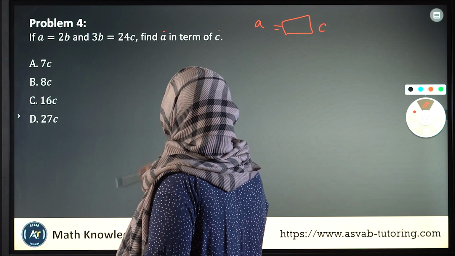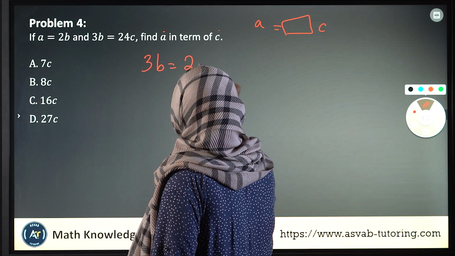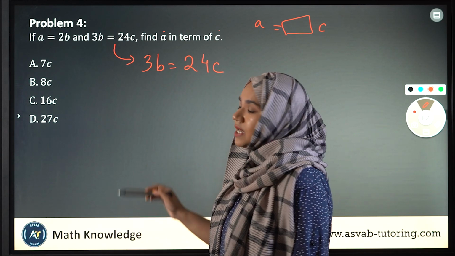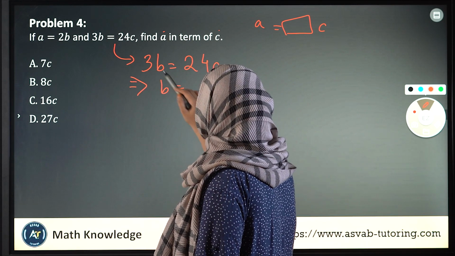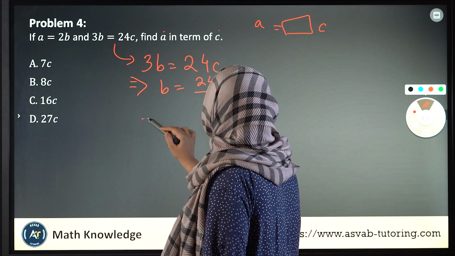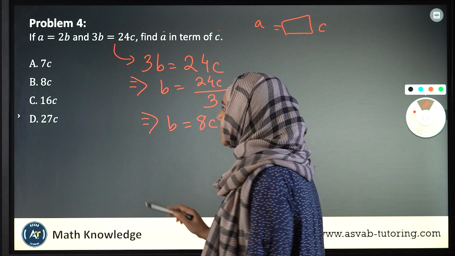To do that, what we can first do is, let's say my answer here was what? This is 3B equals 24C, right? That is what was given, right? So let's now try to figure out the value for B. So if I put 3 on the other side, it's going to get divided, which means that it's going to be 24C divided by 3. And in doing so, we get 8C.